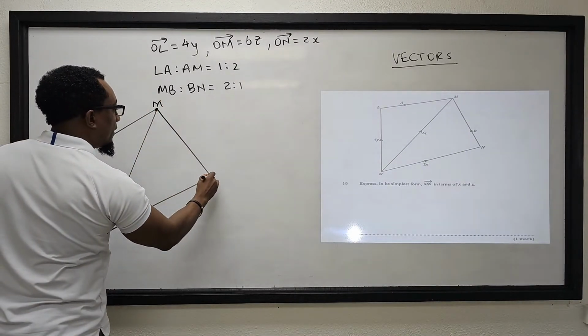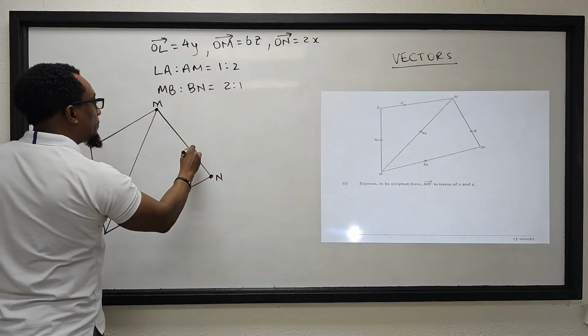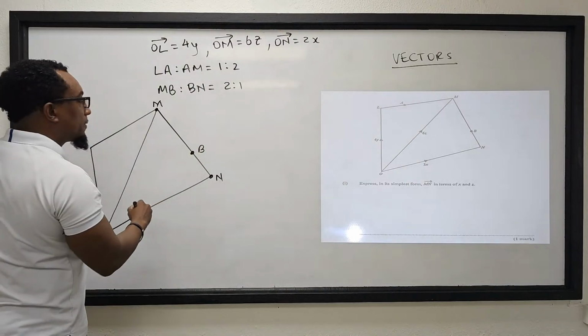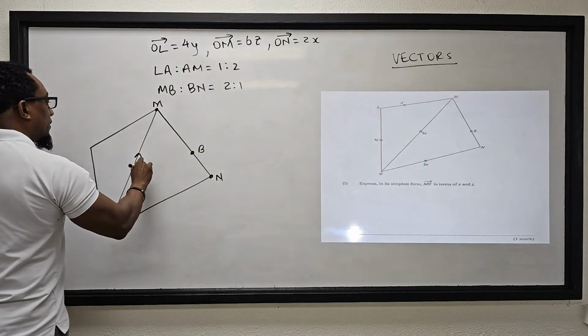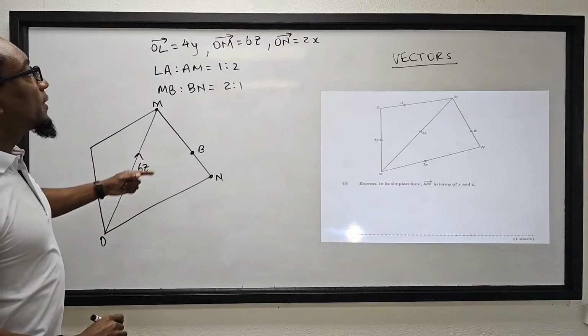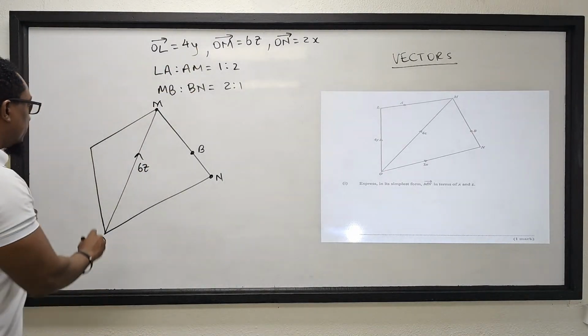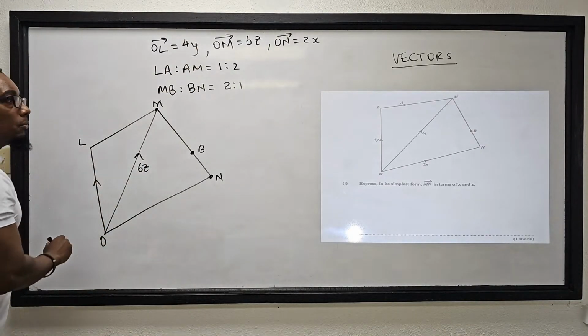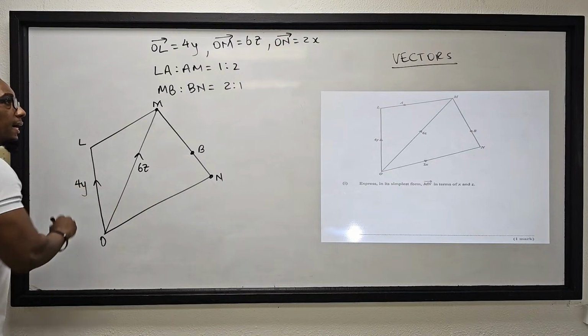This is M, this is N, this is point B, this is the vector OM, whose magnitude is 6z. We have vector OL, whose magnitude is 4y.